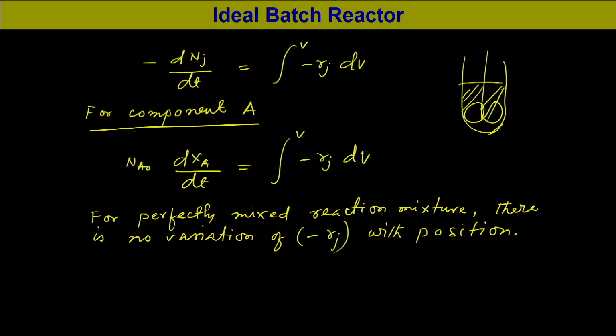Therefore, we can write NA0 dXA/dt is equal to minus rj into V.